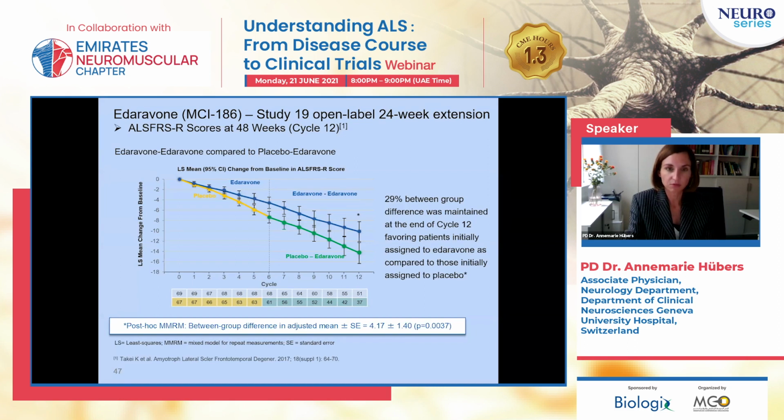We found a 30% between group difference that was maintained at the end of cycle 12, favoring patients that were initially already assigned to Edaravone, and also speaking in favor of an early treatment start.